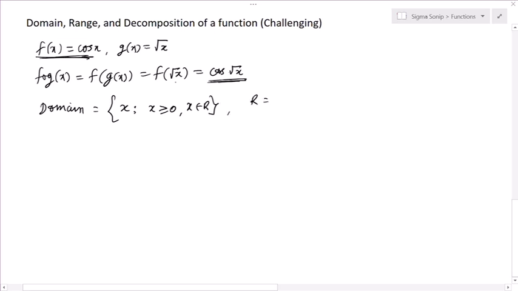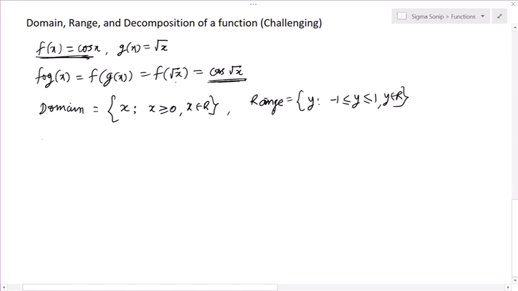And then the range is straightforward, because we know that cos x values vary from -1 to +1, so that will straight away give me the range as y lying between -1 and 1, and y being a real number.